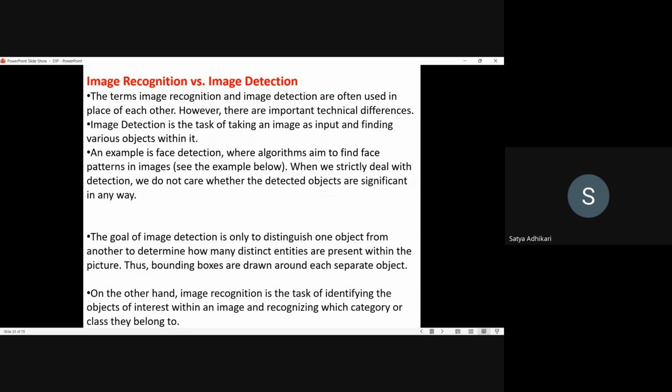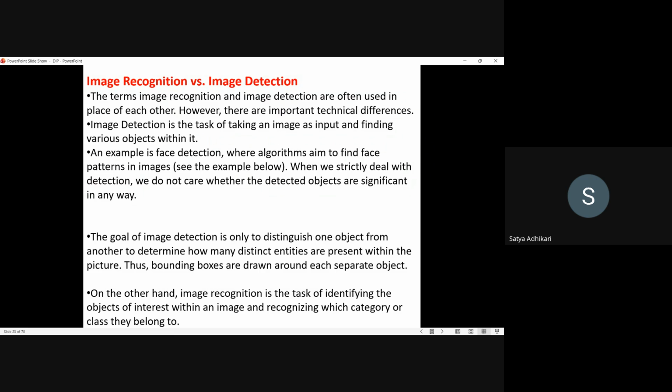When we strictly deal with detection, we don't care whether the detected objects are significant in any way. The goal of image detection is only to distinguish one object from another, to determine how many distinct entities are present. Thus, boundary boxes are drawn around each separate object.